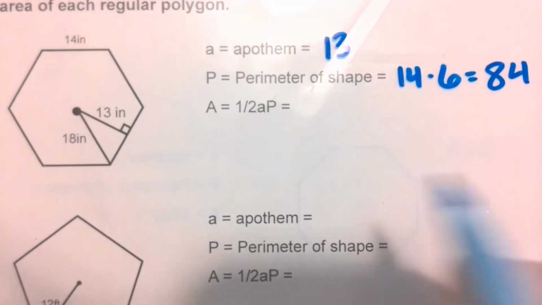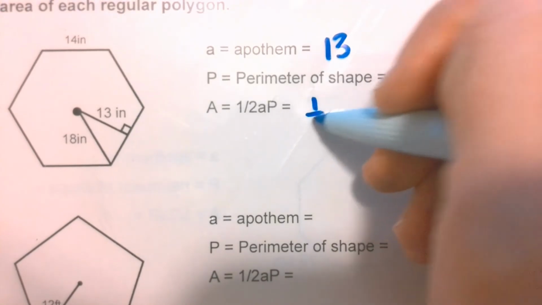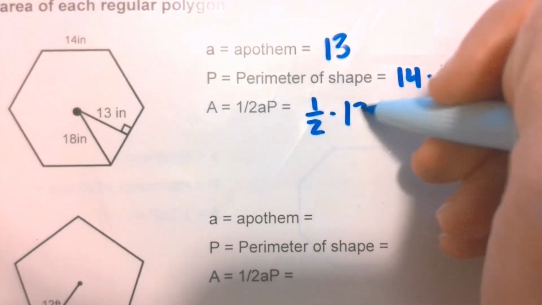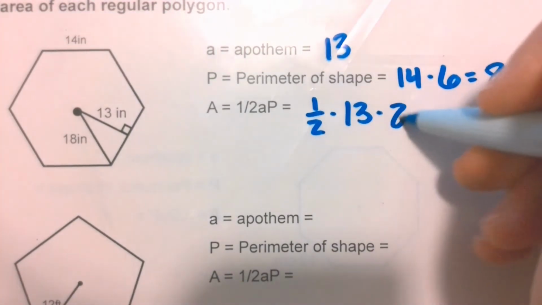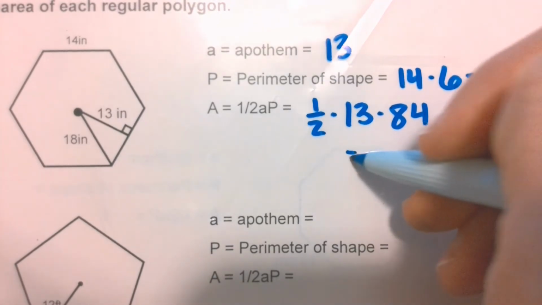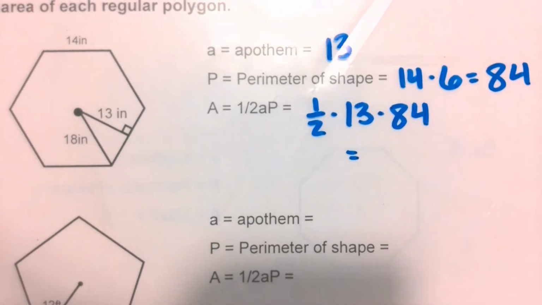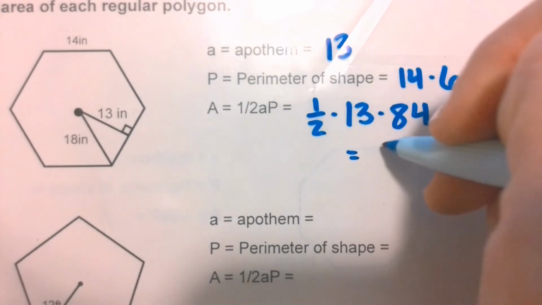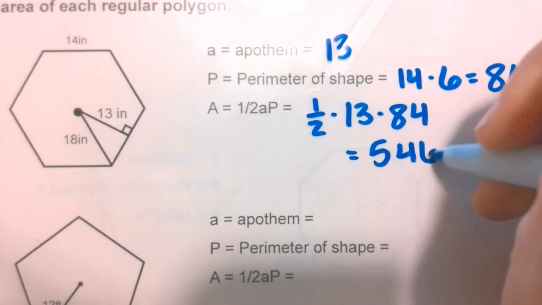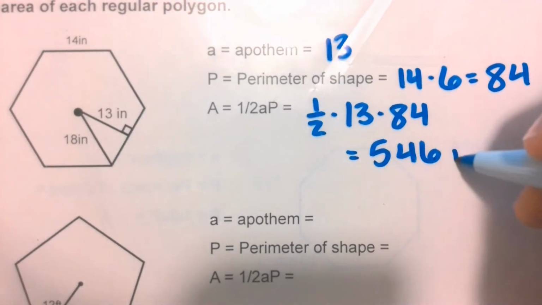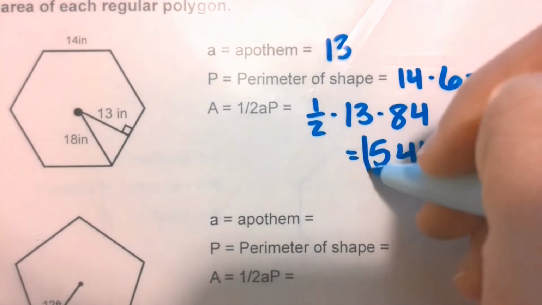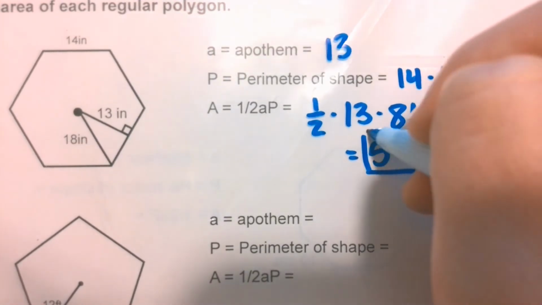So then using our formula, we've got 1/2 the apothem, which was 13, times the perimeter of 84. And just multiplying those 3 values together, we'll get 546. This is area, so make sure we're still saying those units squared, so inches squared.